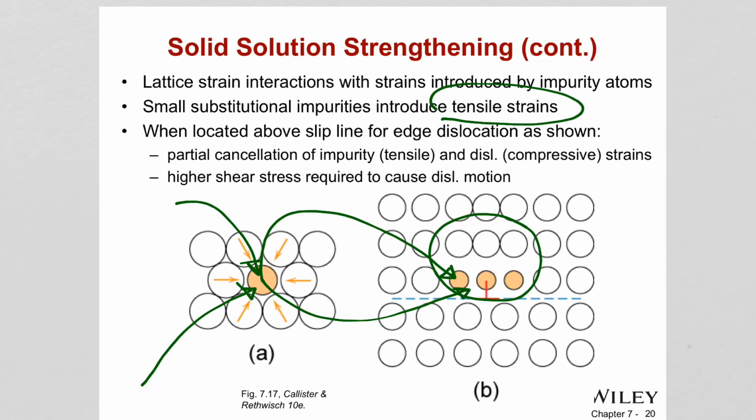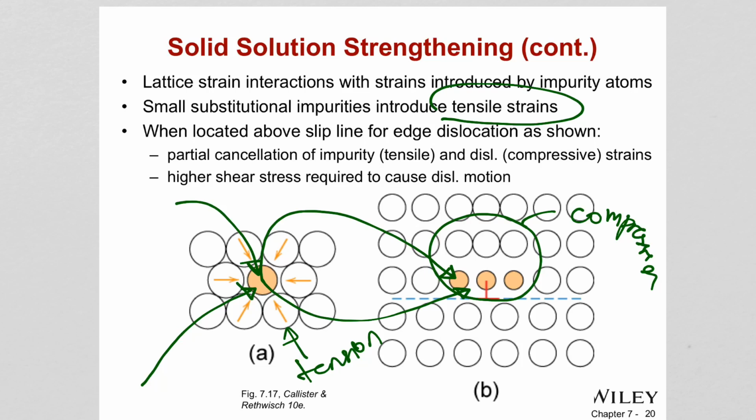Okay, so basically compression here, and this creates tension. So if they want to neutralize this effect, the structure doesn't want to be strained, right? They want to reduce the energy they have, because at the end when you are straining you are storing energy inside.